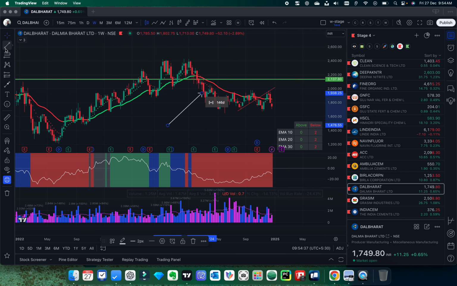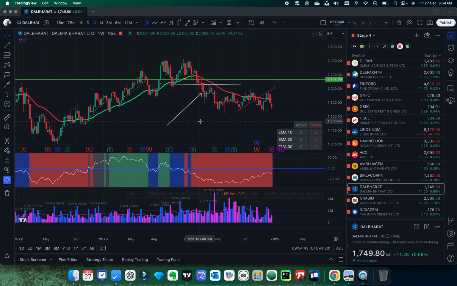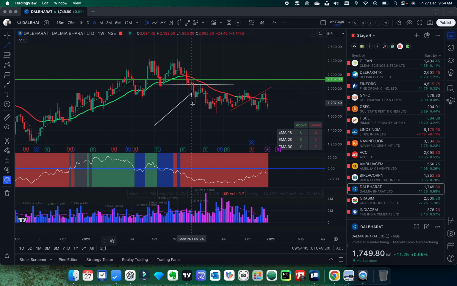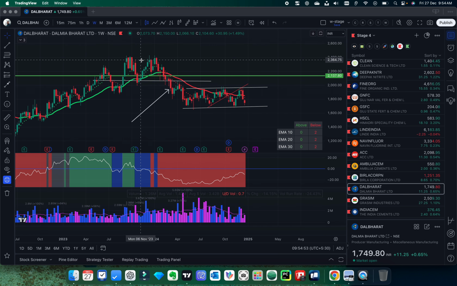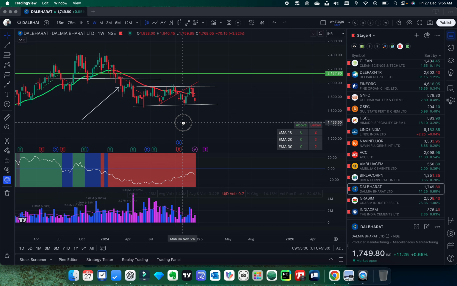From here it started the stage 4 after this line, and there is again a consolidation happening over here. So this is a stage 3, stage 4, again stage 1 or basing stage.